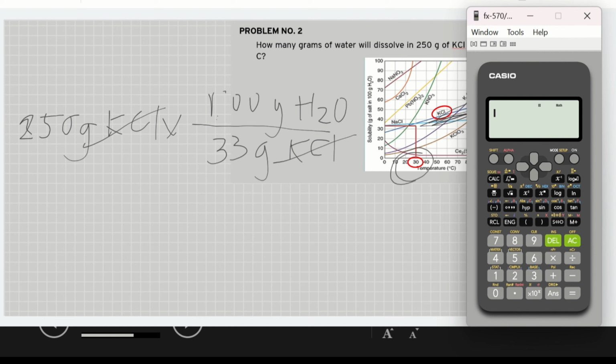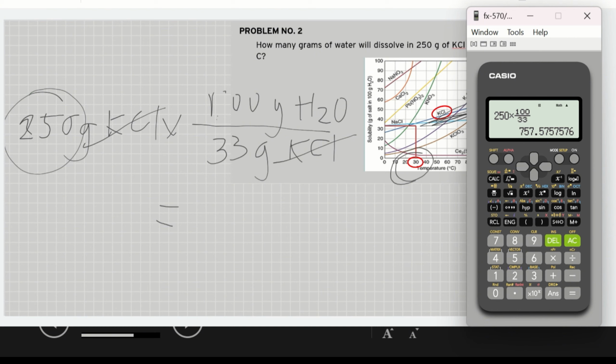We have 250 grams times 100 grams of water divided by 33 grams of hypochlorite. We will get 757.57, and if we consider the significant figures, we only have two significant figures based on here.